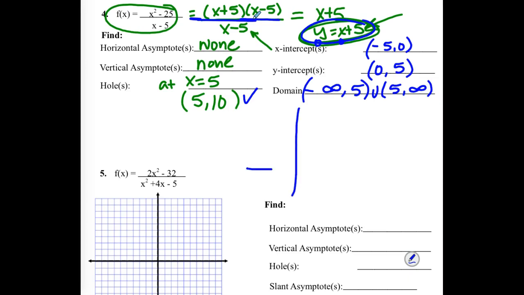What we would have, all right, y-intercept at 5, we have a slope of 1, right? My board's off again. It's not going to let me fix it. All right, it's going through the point. We have a hole up here at (5, 10), right?